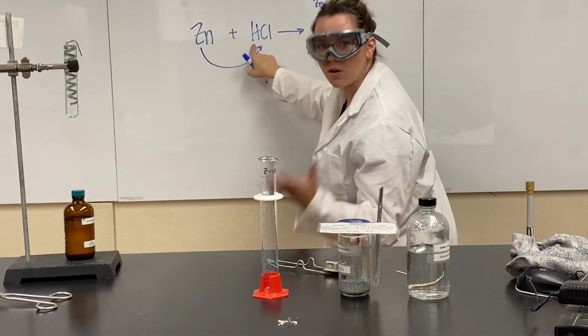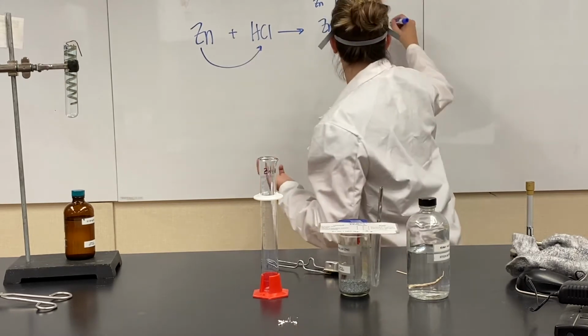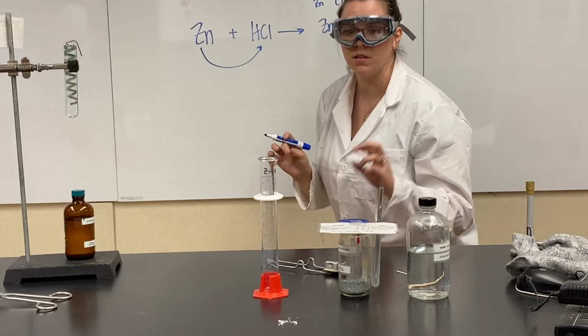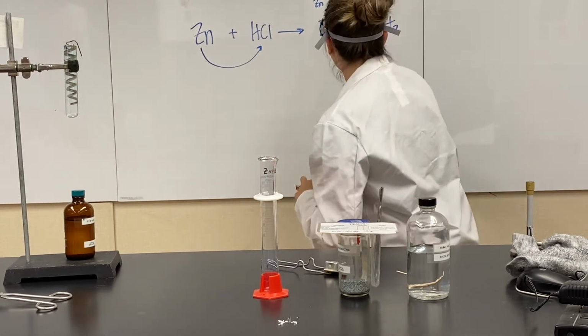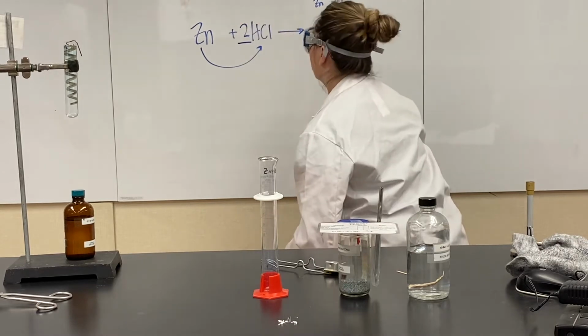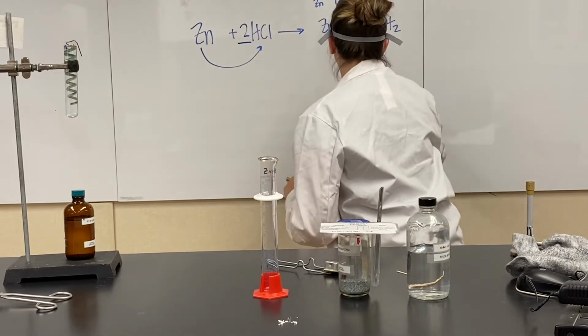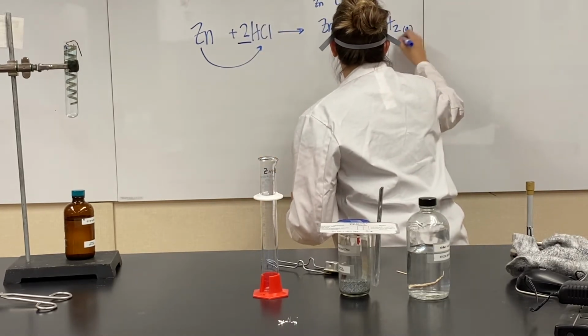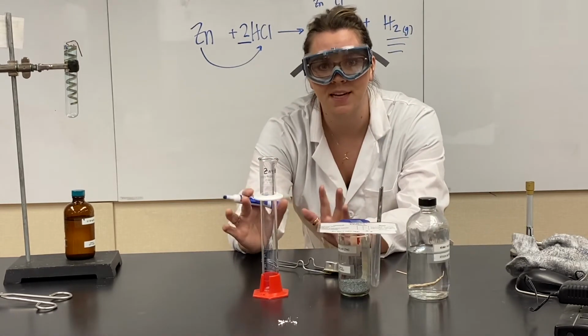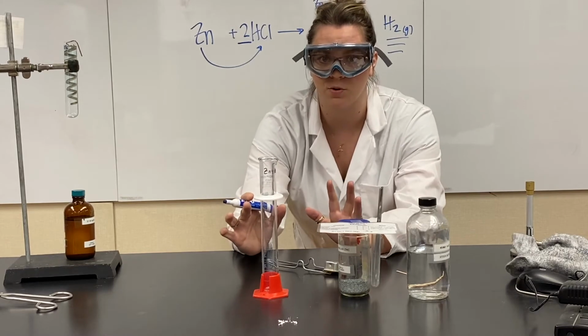And now hydrogen is all by its lonesome, womp womp, H2, okay? Because hydrogen is one of those diatomics. And then you would of course balance: 2 chlorines, 2 hydrogens, 2 chlorines, 2 hydrogens. I am going to see if this reaction is actually happening by testing to see if there's hydrogen gas being formed.